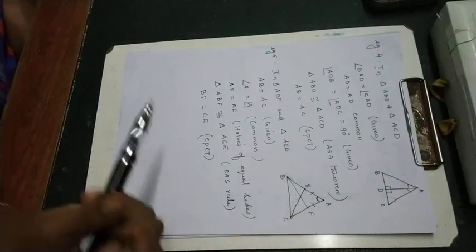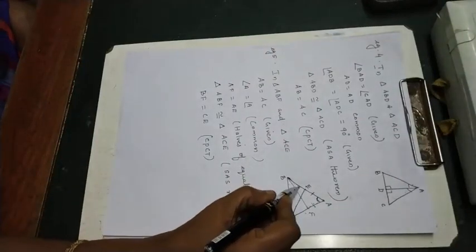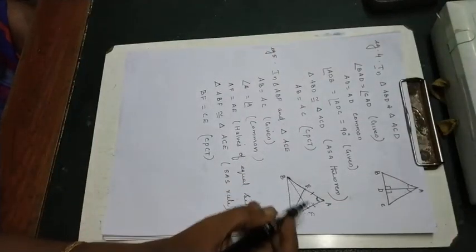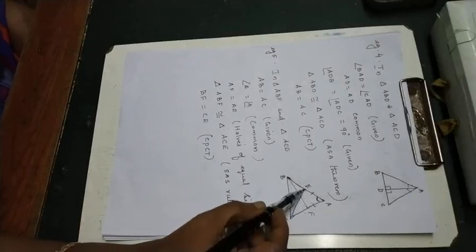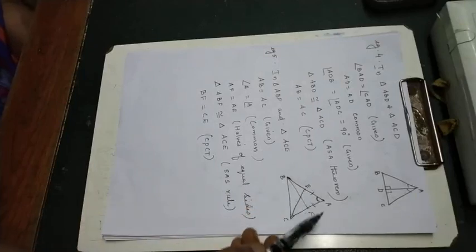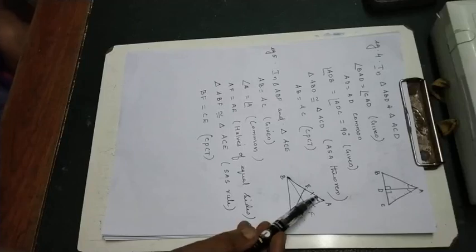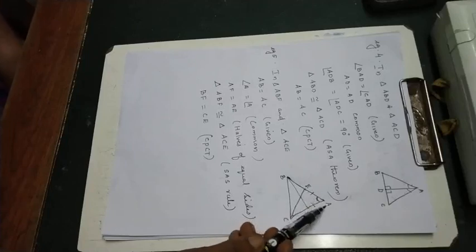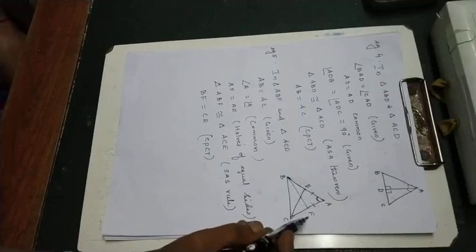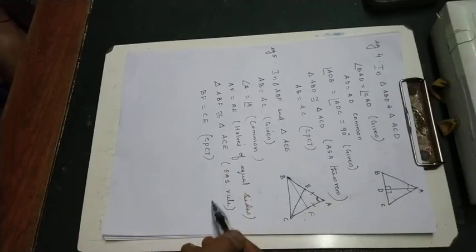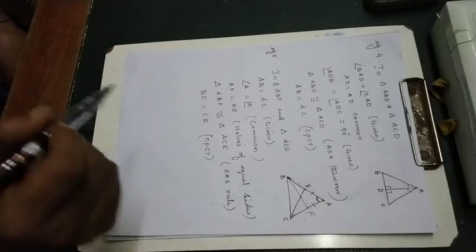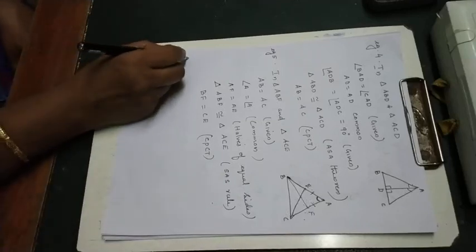So how we took the triangles are ABF and ACE. In that one AB equal to AC, then angle A is equal to A itself, and AF will be equal to AE. So by SAS theorem these two triangles are congruent.